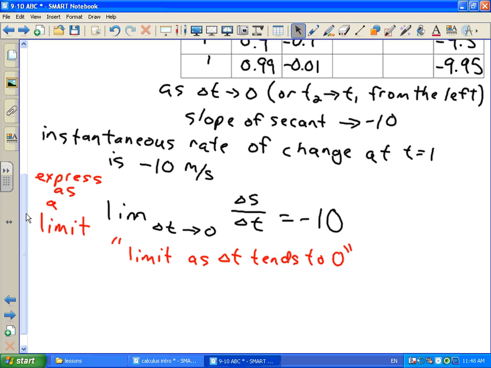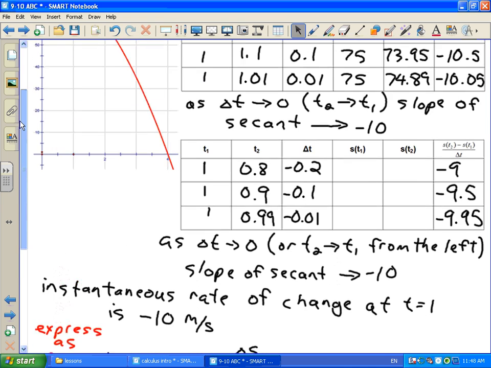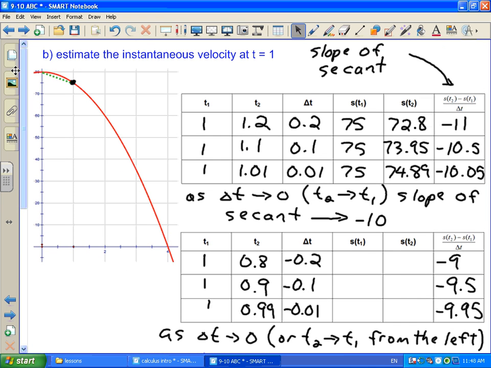Now, what does this look like graphically? Well, a secant is a line that connects 2 points on our curve. As we move these things closer and closer, what we're heading towards is a line that doesn't hit the curve at 2 points, but only intersects this curve at a single point.